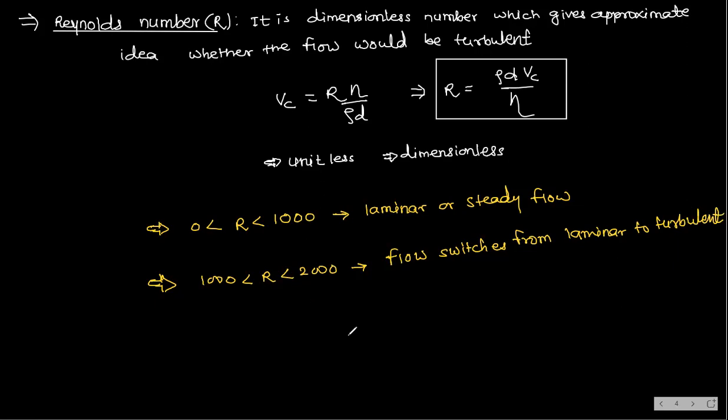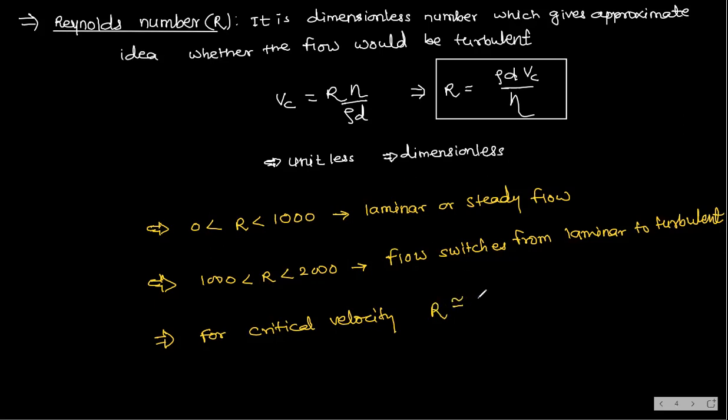For critical velocity, R is nearly equal to 2000.